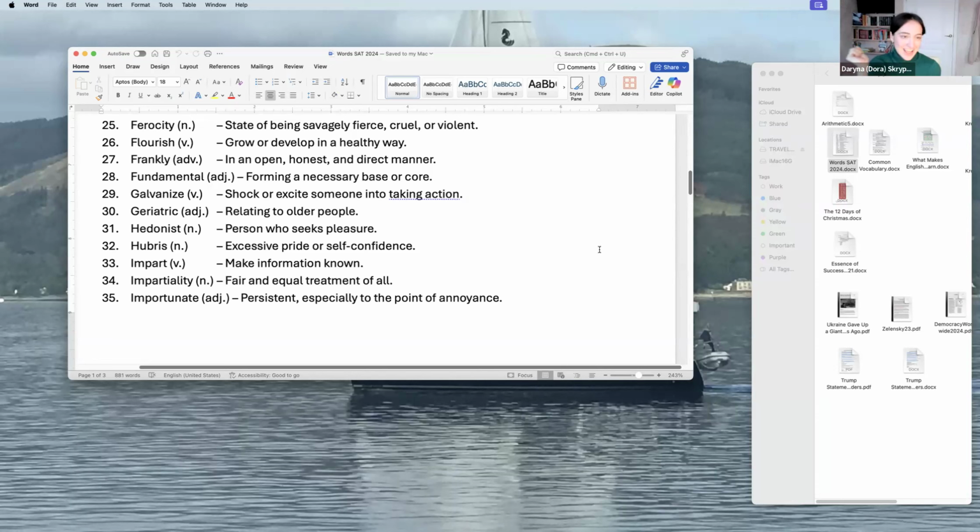Hedonist and hubris. Hubris. Hubris. Impart. Impart. Impartiality. Impartiality. Importunate. Okay. All right. Yeah, that impartiality.